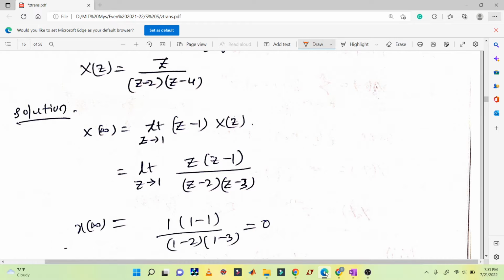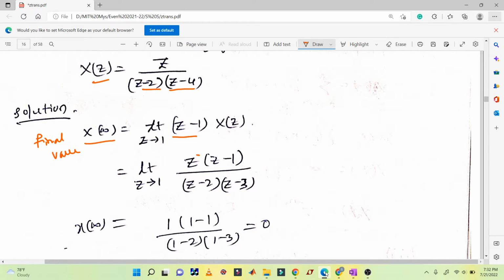So here this problem is the easiest problem you can think of. Given is x of z, z divided by z minus 2 multiplied by z minus 4. Now applying x of infinity, we need to find the final value. So you have to apply this equation, right? So what we'll get is z into z minus 1, divided by z minus 2 into z minus 3.